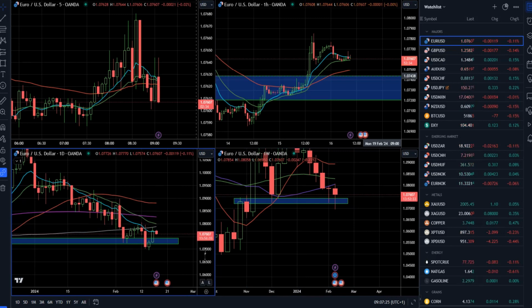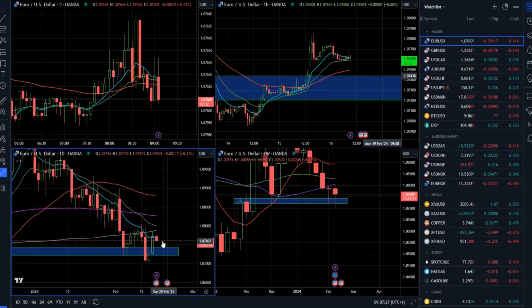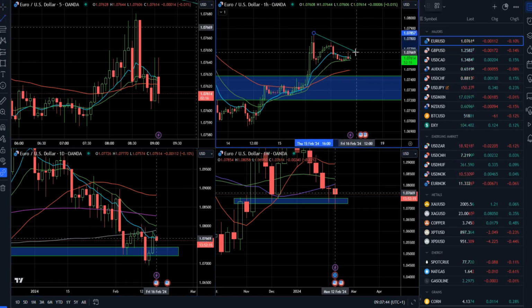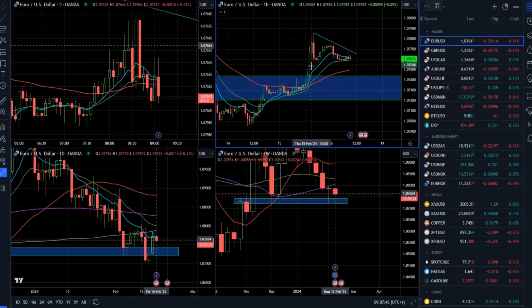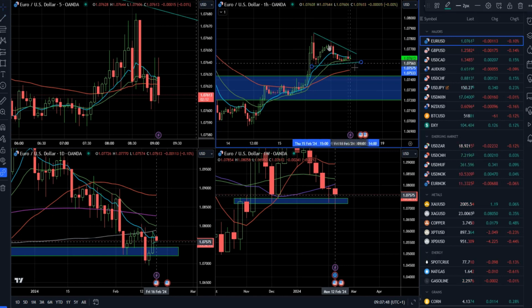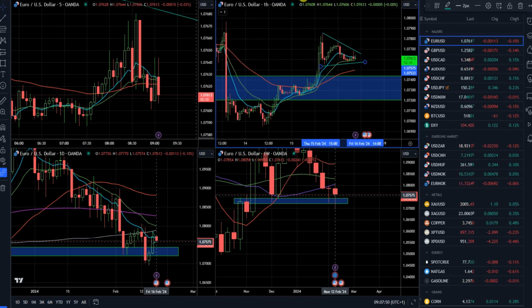On the daily as well, you can see that the market is trading around this 10-day moving average, and just closed above yesterday, which is a good sign on a daily time frame. The hourly time frame seems to be building higher lows and contracting, creating more of a symmetrical triangle and building a range.